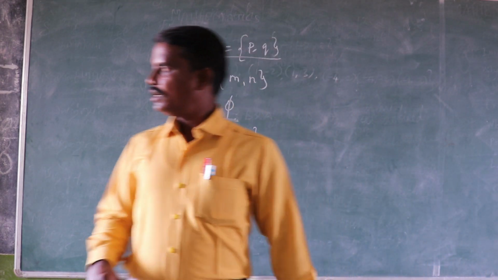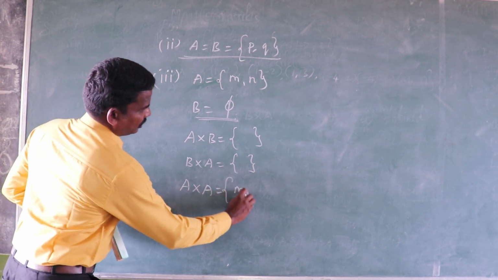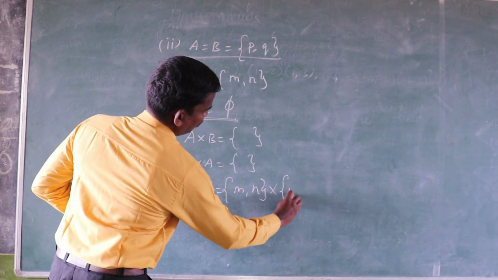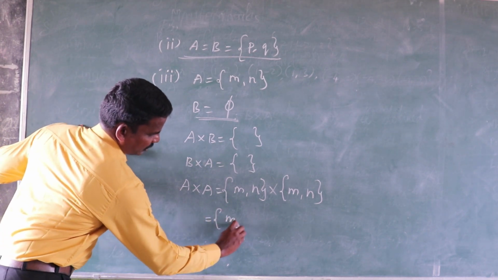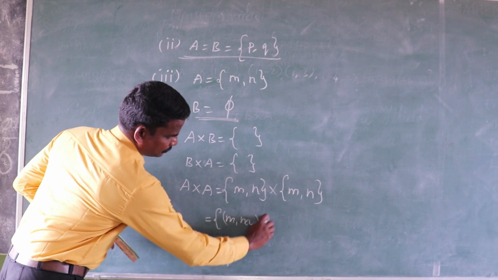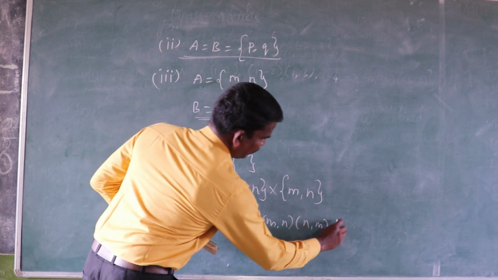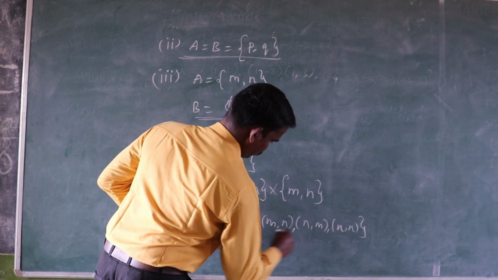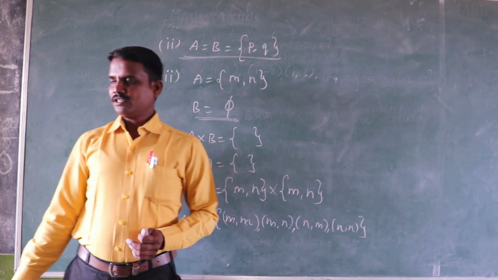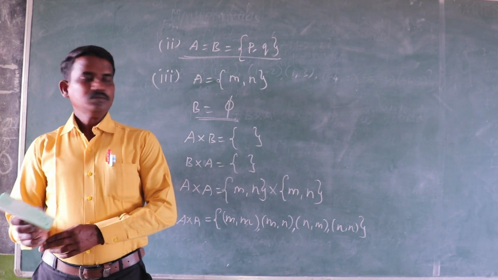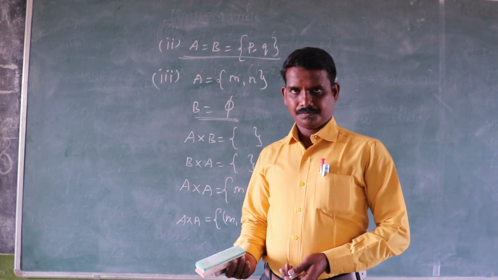We can write only one Cartesian product here, A cross A. That means M comma N cross M comma N. So that is equal to M comma M, M comma N, N comma M and N comma N. That's all. Do the students understand? Is it clear? Okay. Now go to the next one.